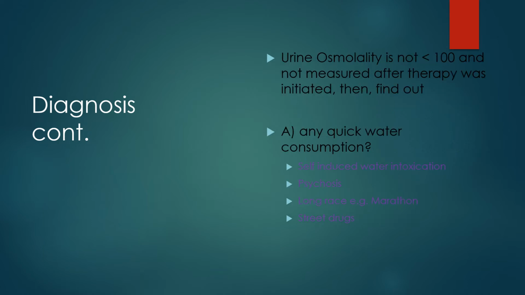If urine osmolality is not less than 100 when we assay it, and it was not measured after we've given the therapy of saline 1 liter per hour, then we have to find out about some other issues.